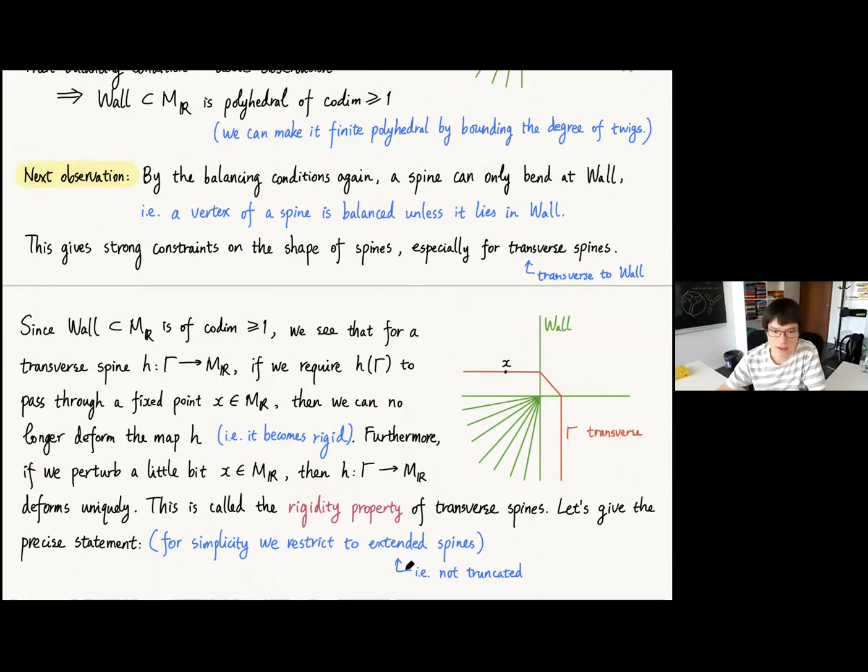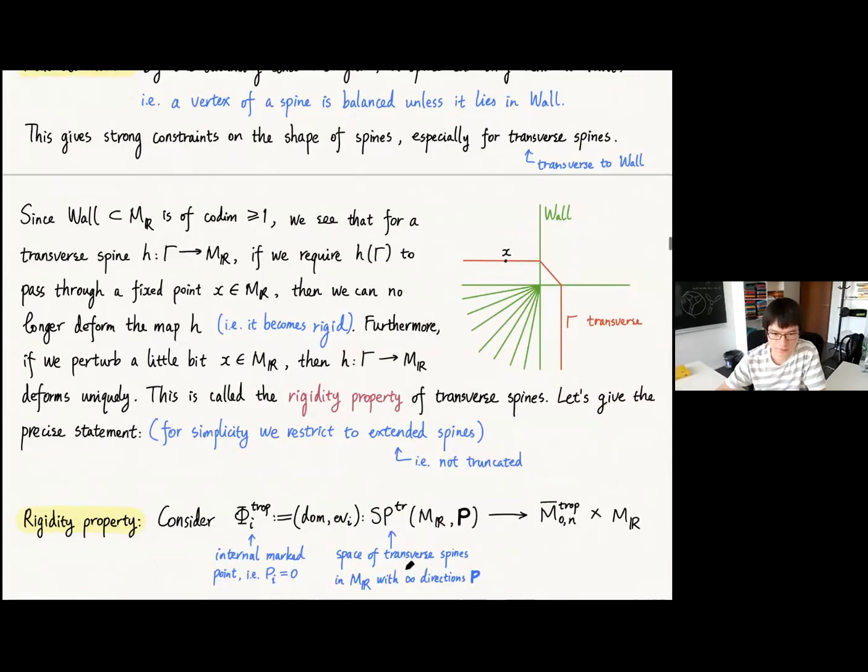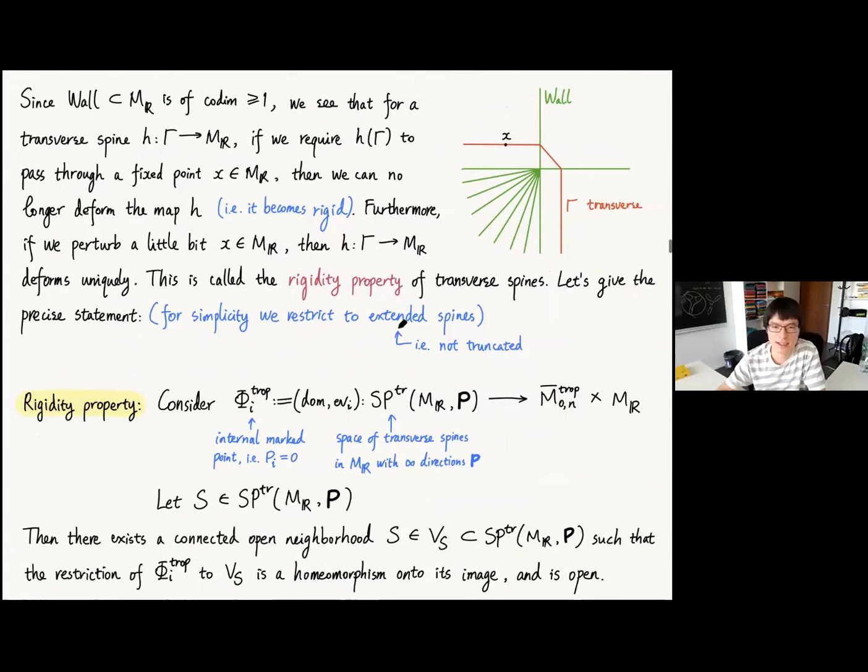So let's restrict to extended ones. Consider the map phi I trop from the space of transverse spines in MR with infinite directions given by P to the product, where the first factor takes the domain of the spine and the second factor takes the evaluation of the ith marked point.